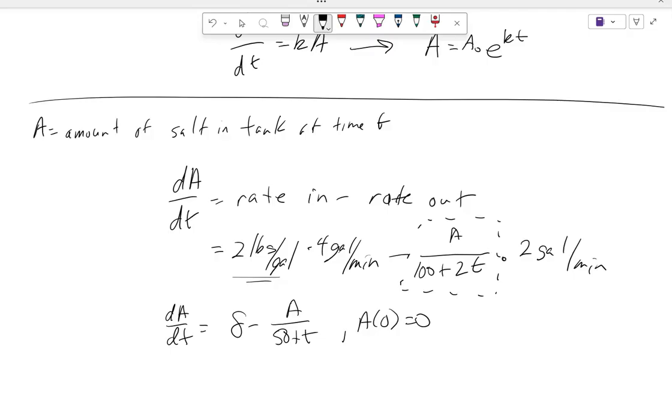This is an assumption that's being made that since the mixture is kept well mixed, I can assume that the amount of salt in the tank has been uniformly distributed throughout the entire tank. So the same amount of salt would be coming out wherever it's leaking from, or purposely either leaking or the valve is open. Does that make sense? All right. Let's look at the next one.